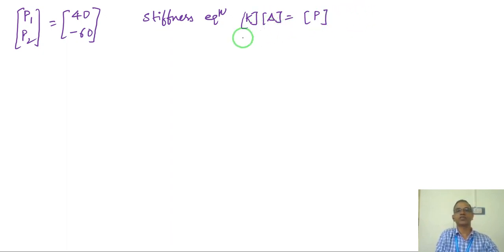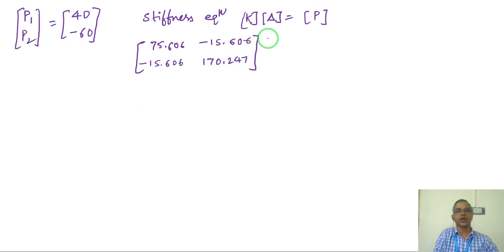So directly using this stiffness equation, K is 75.606 and minus 15.606, minus 15.606 and then 170.247 is the stiffness matrix, and delta, this is delta 1 and delta 2. These are displacements at the joint O, which is equal to 40 and minus 60.